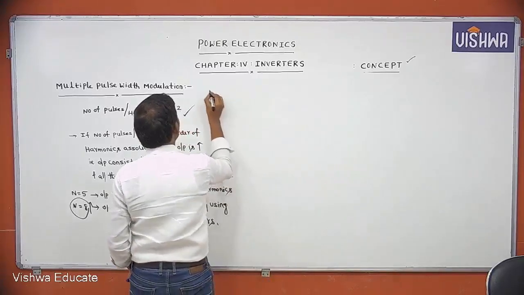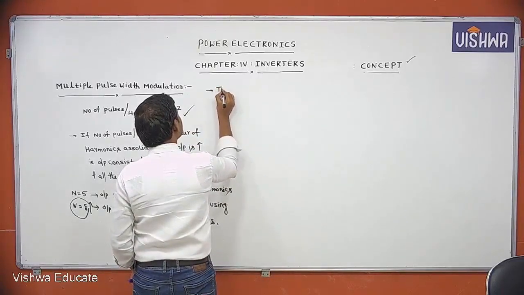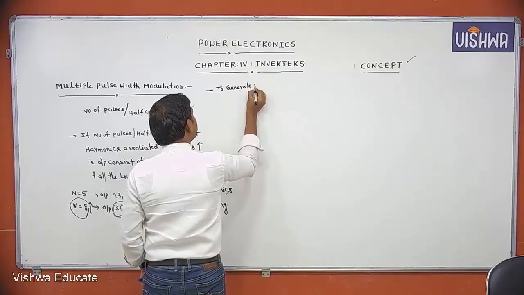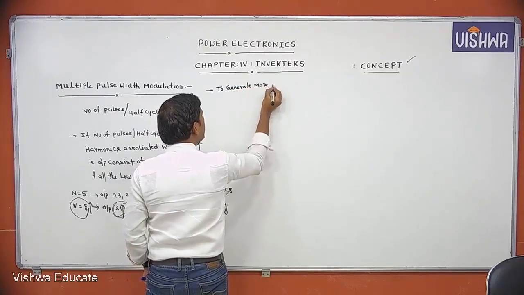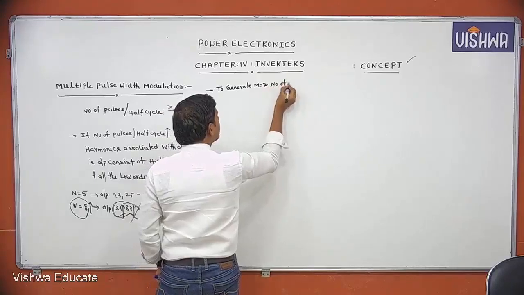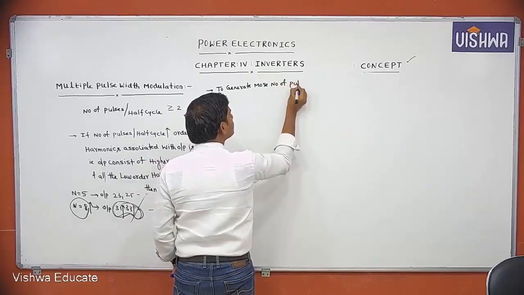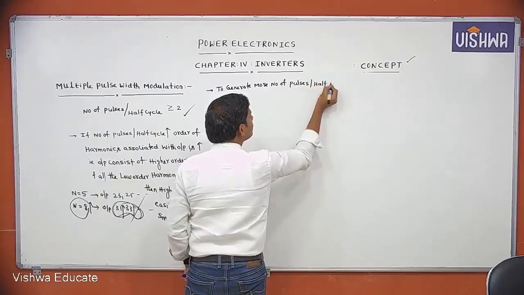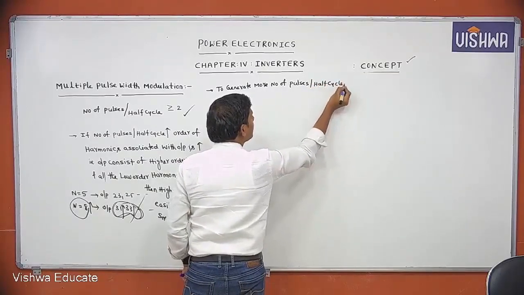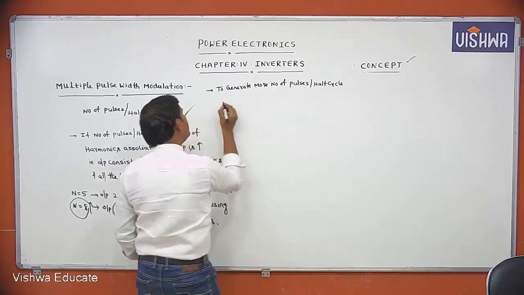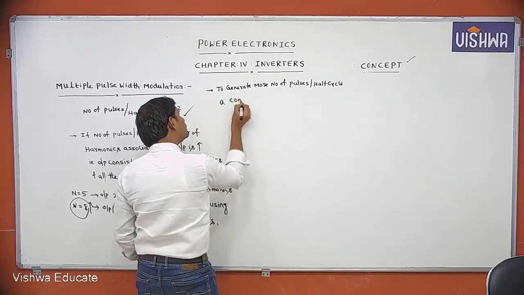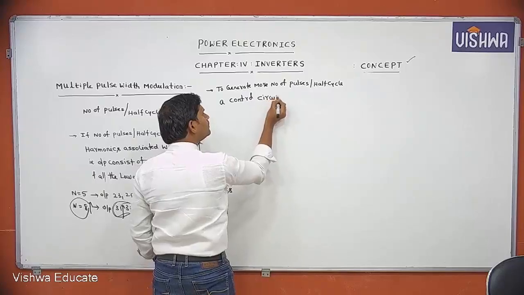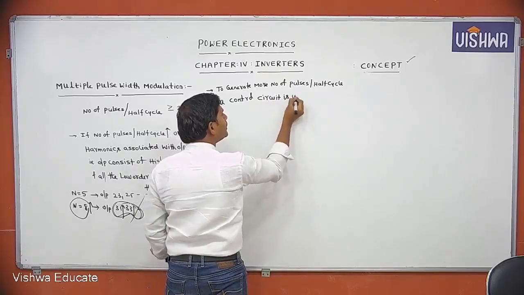That point also remember: to generate more number of pulses per half cycle, a control circuit is used.